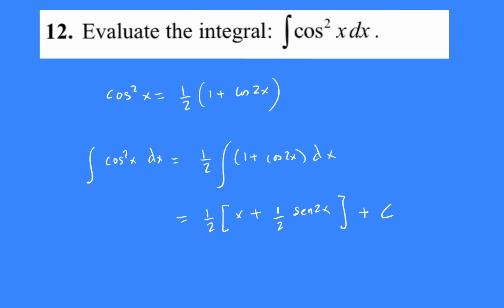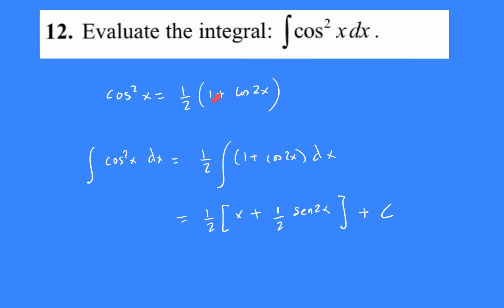The next one is to evaluate the integral of cosine square of x dx. To evaluate this integral, you need to remember a pre-calculus trigonometric relation, which is not calculus for sure. It says that cosine square of x is 1/2 times 1 plus cosine of the double angle, cosine of 2x.